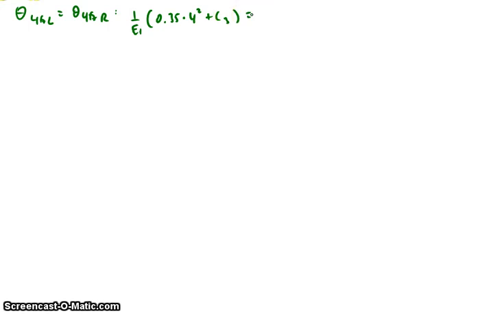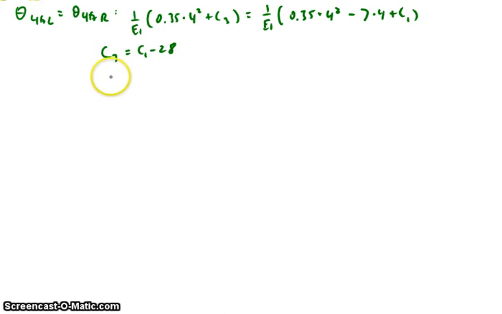And on the right side from our first cut we had 1 over EI times 0.35 times 4 squared minus 7 times x, which in this case is 4, plus C1. Setting these two things equal, we can say C3 is equal to C1 minus 28.